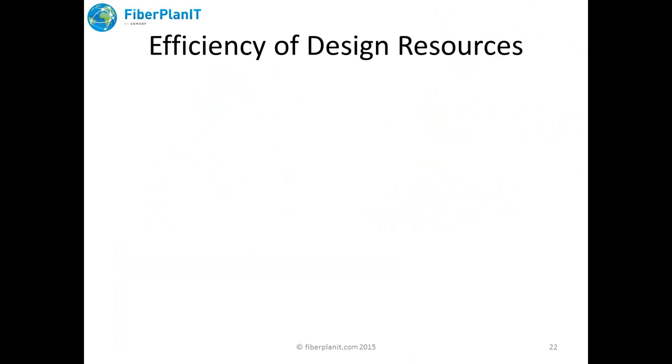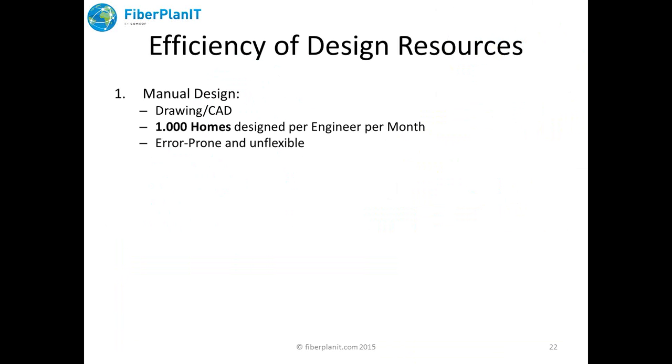And then a final word on that challenge about efficiency of design resources. From questioning some of our customers and talking with them about the way they did the design work before they used FiberPlanIT, we have seen that when people were planning manually, so drawing the network like in a CAD system, and then documenting the fibers, counting fibers, and counting these volumes for deriving a bill of material, on average you can reach about 1,000 homes designed per engineer per month.